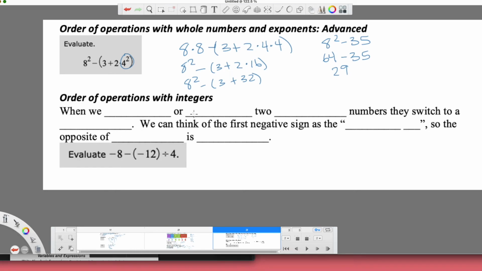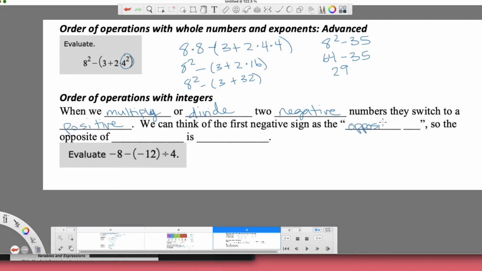So now when we multiply or divide two negative numbers, they switch to a positive. Well, why is that? We can think of the first negative sign as opposite of.